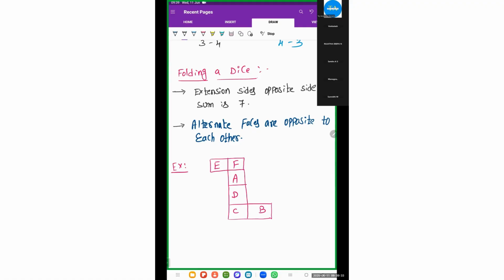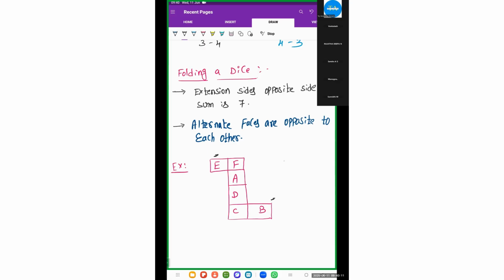You see this example. Extension side faces sum is 7. Here in this figure, E and B are the extension. This one and this one are the extension of this die. Now we get the sum of these two letters as 7.